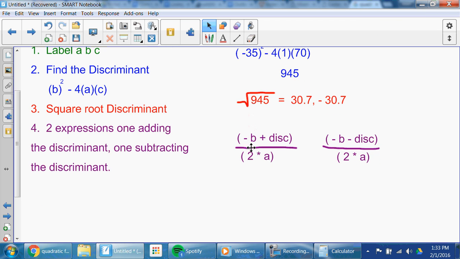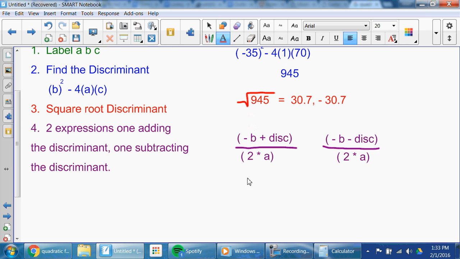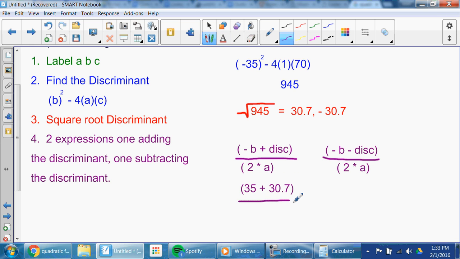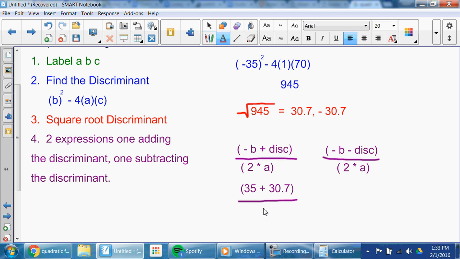Okay, so we've got to plug our numbers in here. So the opposite of B, my B value is negative 35, so I put positive 35 plus 30.7, and that's going to be divided by 2 times A. A was 1, so 2 times 1.